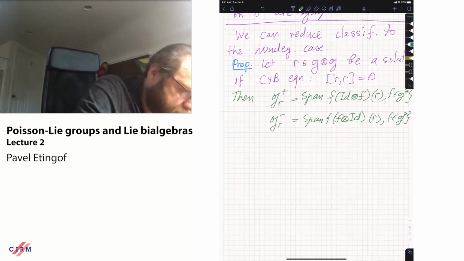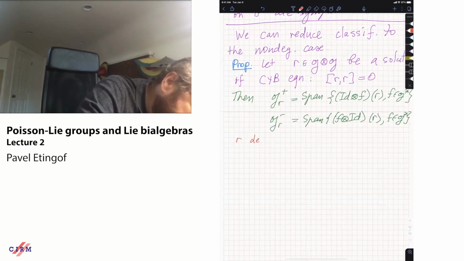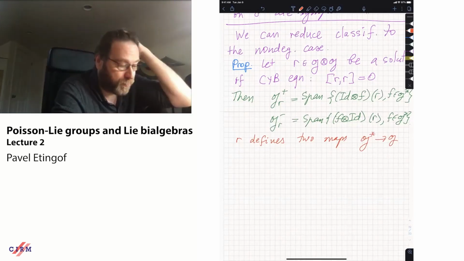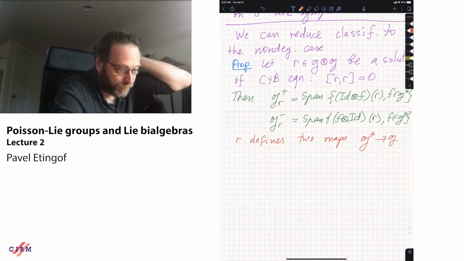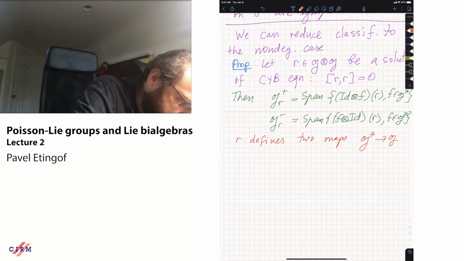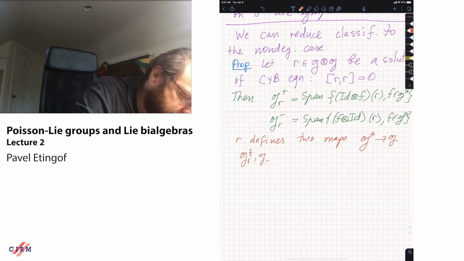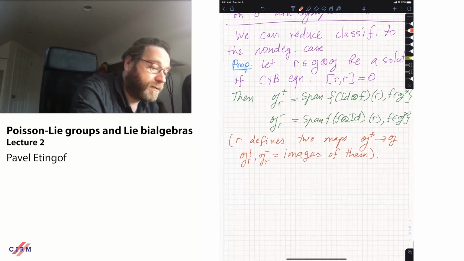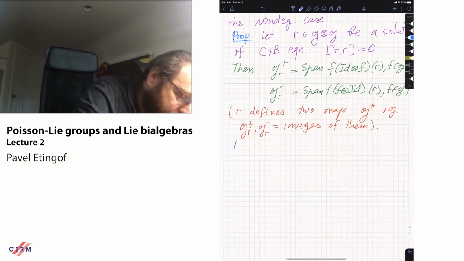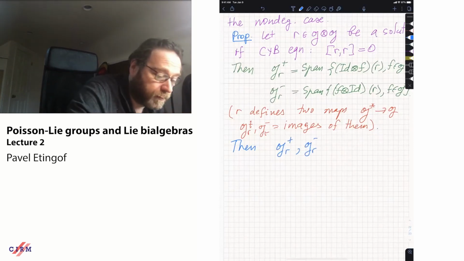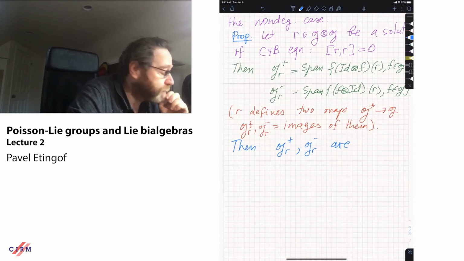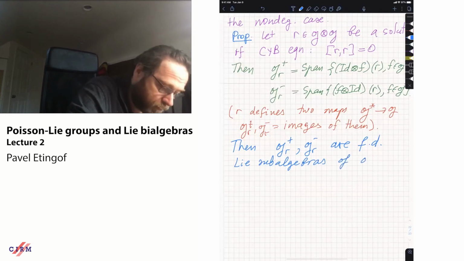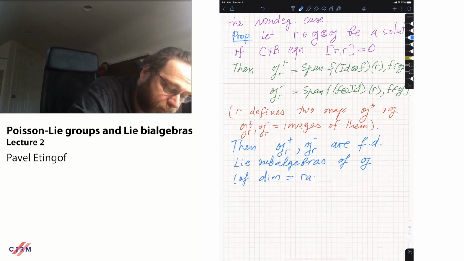So in other words, R defines two different maps from G star to G, because it is in G tensor G, so you can use the left copy of G or the right copy of G to define that map, and GR plus and GR minus are images of them. And the statement of the proposition is that then GR plus and GR minus are finite dimensional Lie subalgebras of G, and they are of the same dimension, which is the rank of this tensor.